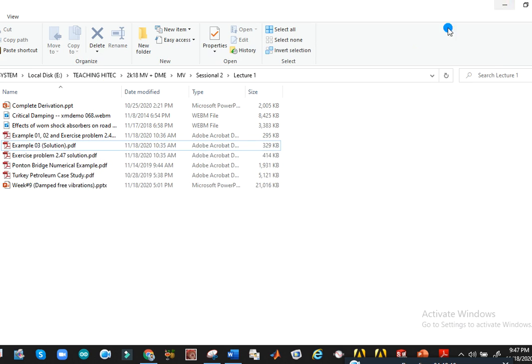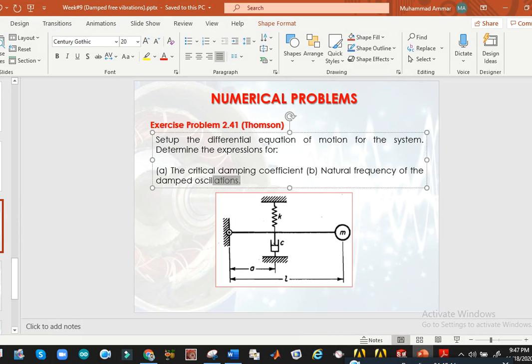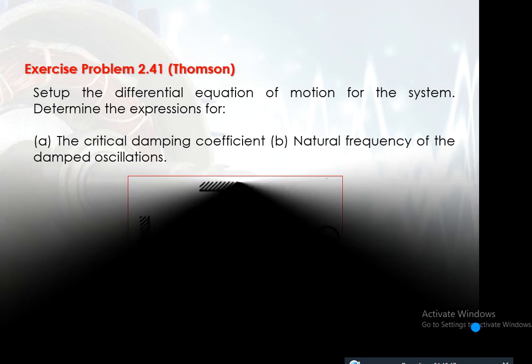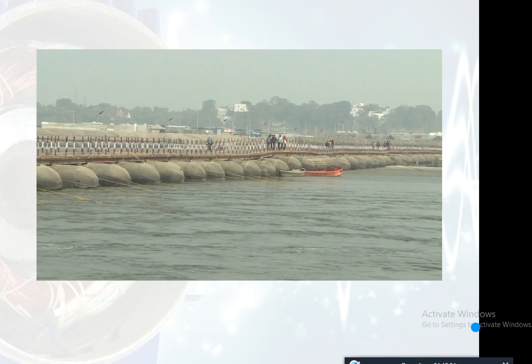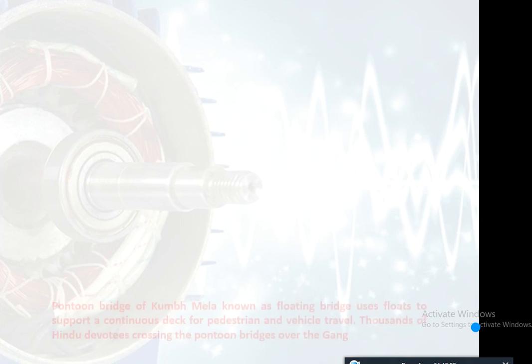Now let's solve the numerical. That was a pontoon bridge.